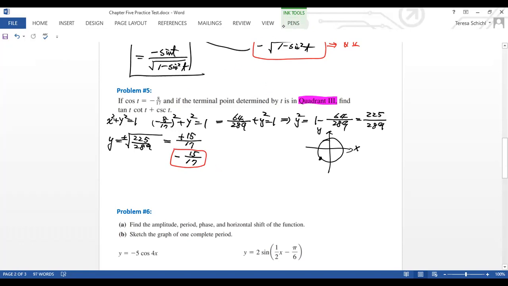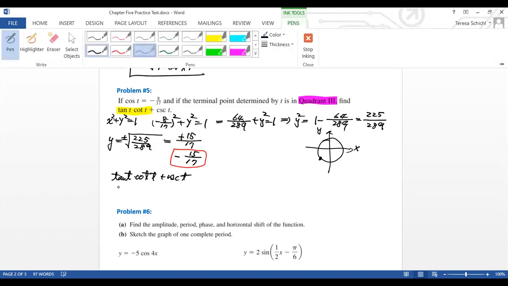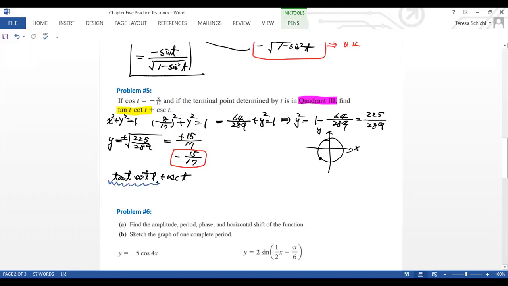Okay, so now they ask us tangent t times cotangent t plus cosecant t. Of course, you can change that, but in here, take a look at tangent t times cotangent t. What type of identity do I have?